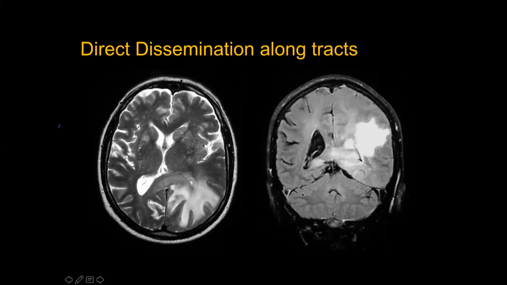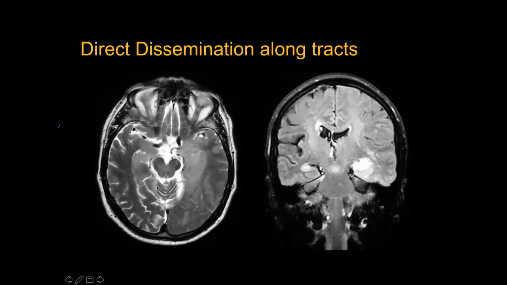If you look at a coronal FLAIR, you find that it's gone all the way across and it's infiltrating the mesiotemporal lobe. So you can almost expect where the tumor is going to go next. Next slides forward is tracking anteriorly along the mesiotemporal lobe into the hippocampus, into the amygdala.